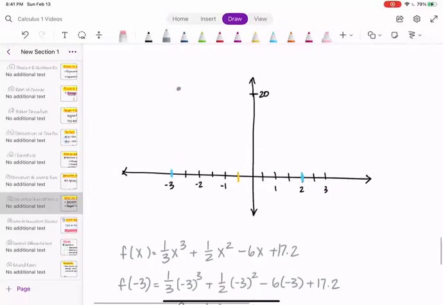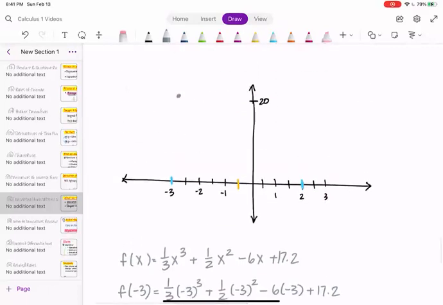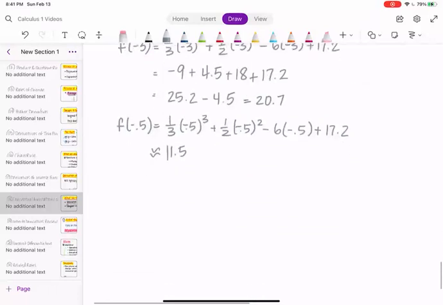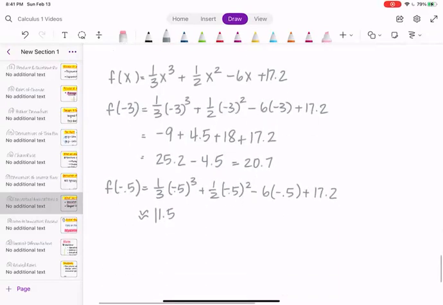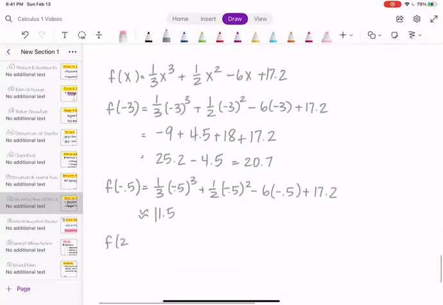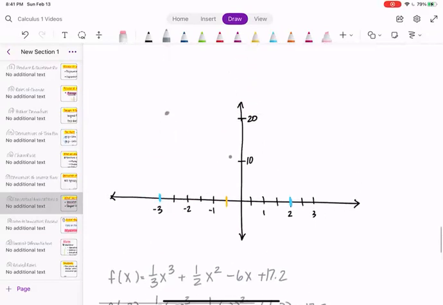So at 0.5, we'll call it 10.5 or 11.5. So it's easier on the graph. So here's 10. We'll call it a little higher than 10. We'll call it here. And then if we plug in 2, this is not the actual number that it comes out to. Let's call it 15, right? So we'll call that halfway point between here.